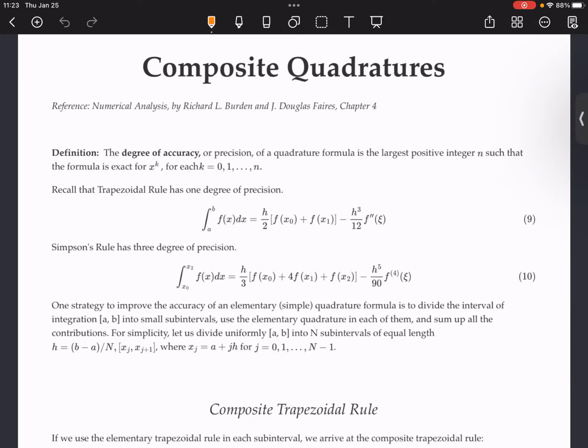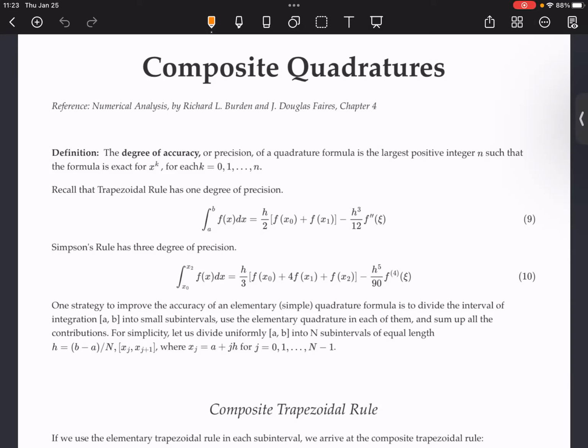For the Simpson rule, we have one more point, right? This is the left endpoint, this is the right endpoint, and we denote the first as the first nodal point, then we get a middle nodal point here, and then we get an end point here. We use 3 points here to get the Simpson rule.